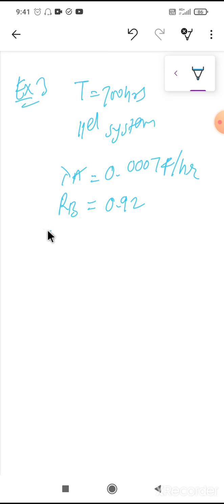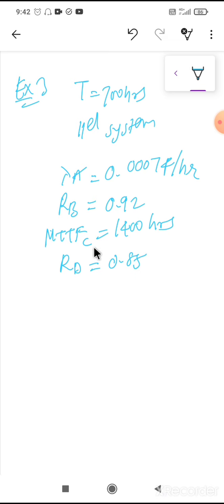The MTTF of C is given, that is 1400 hours, and the reliability of D is given, that is 0.85. Now we need to find all the reliabilities. So we need to find all the failure rates before finding the total reliability.